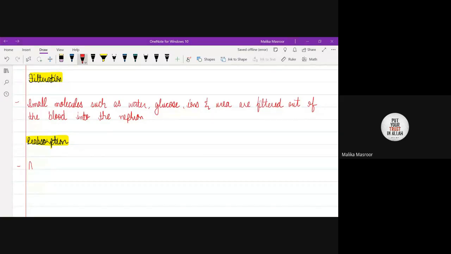So a lot of water, ions, and all of glucose are taken back into the blood as the fluid flows through the nephron.